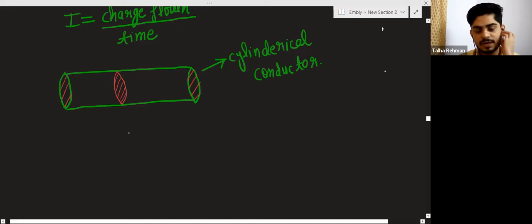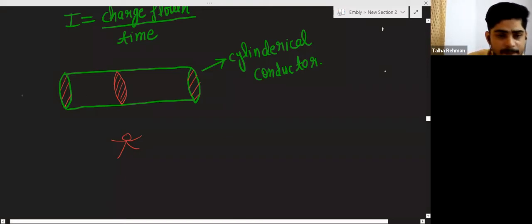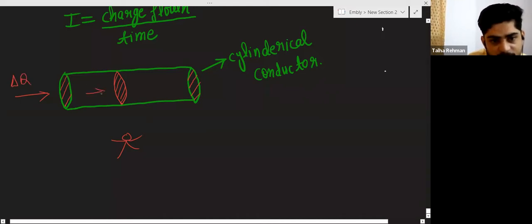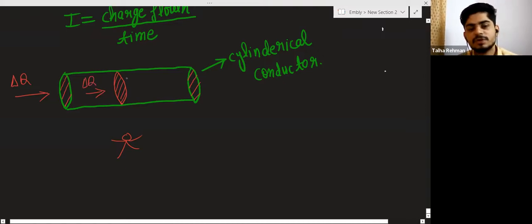Your eyes are here, looking at this cross section area, and I am saying that from this cross section area, the amount of charge flowing is delta q.